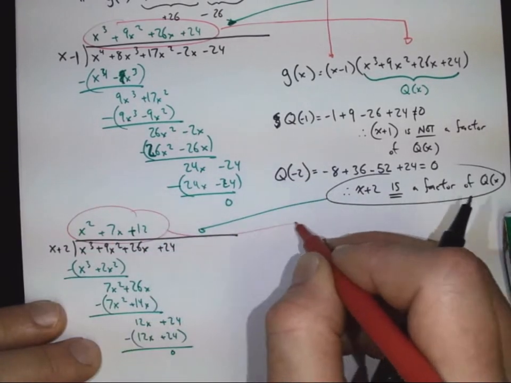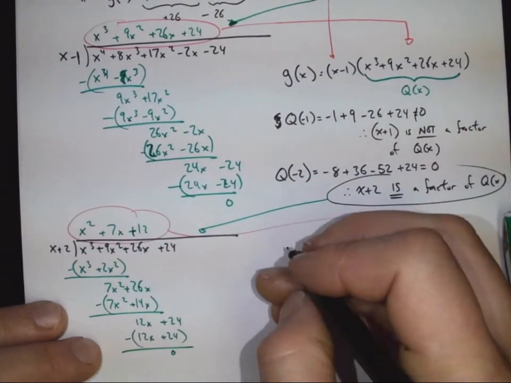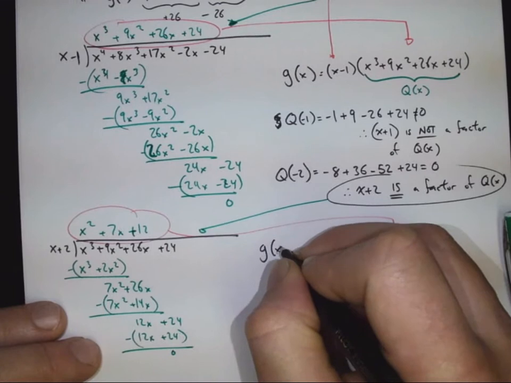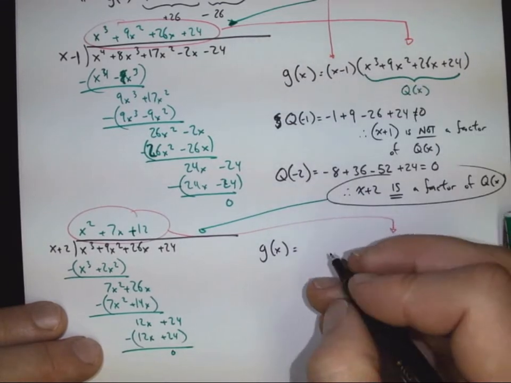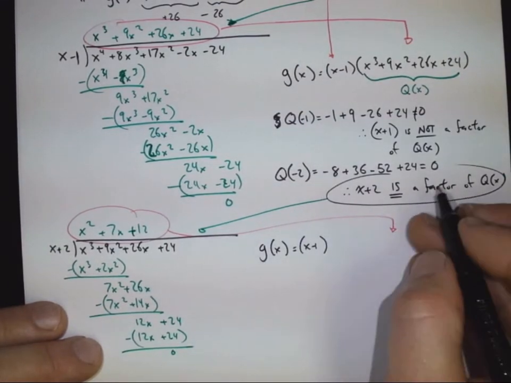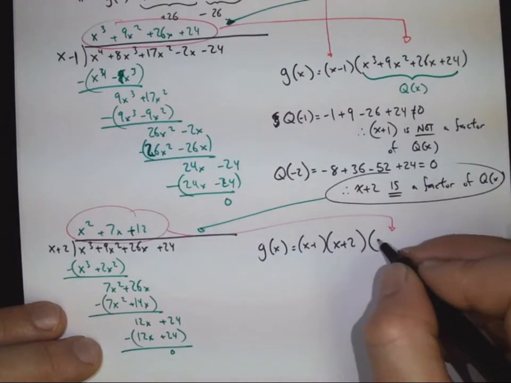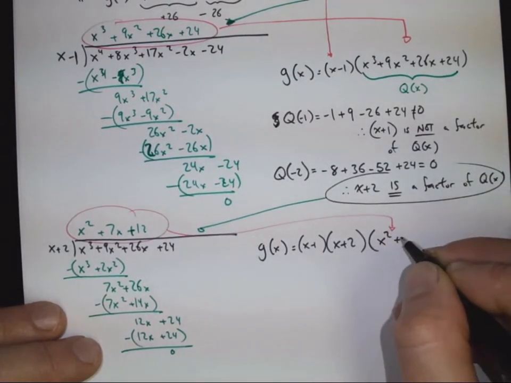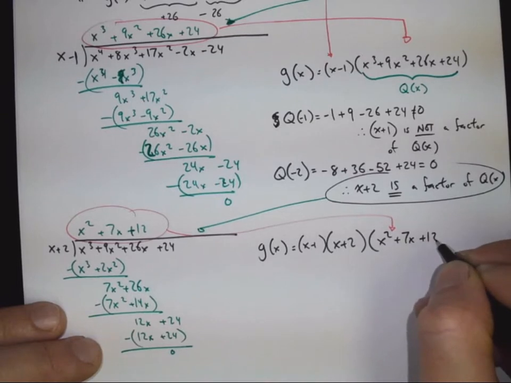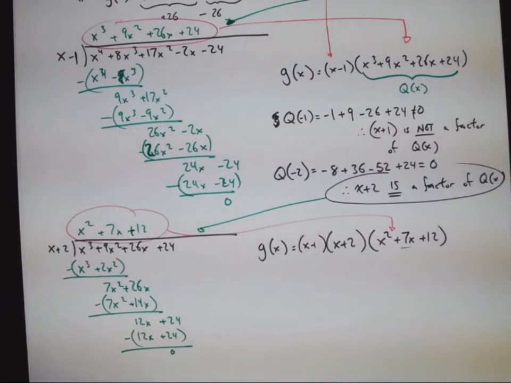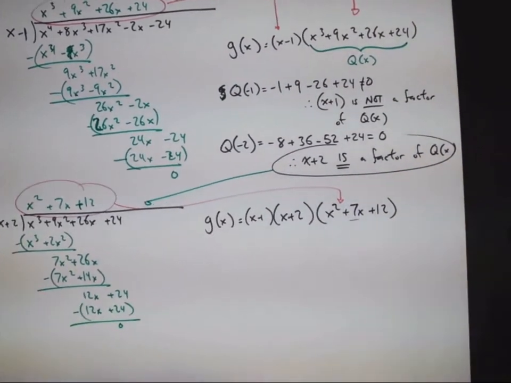So again, this guy is now going over here. So we've got g of x is really equal to our x minus 1 times our new factor, x plus 2, times our last thing to be factored, x squared plus 7x plus 12, which is a quadratic function. And I know how to factor that.